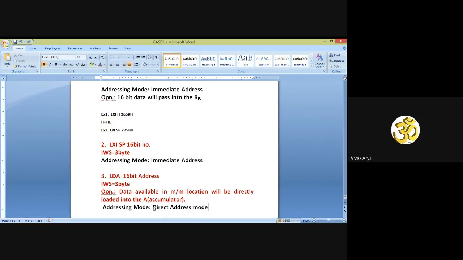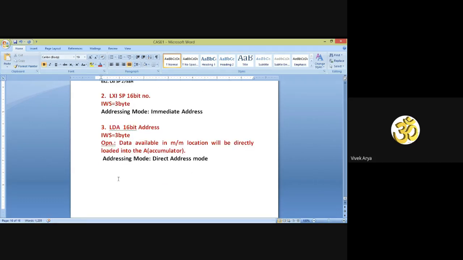Let's take one example. This is example one. If we have an instruction like LDA 2500H, then what will happen after its execution? Suppose at memory location 2500 we have data 02. 2500 is a memory address, or you can say a memory location.